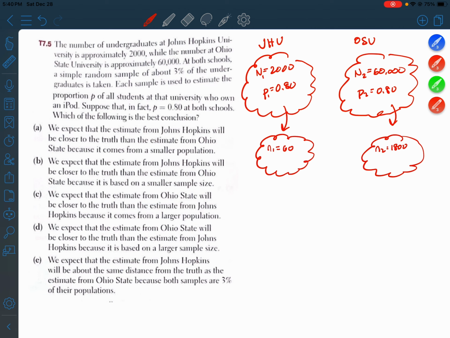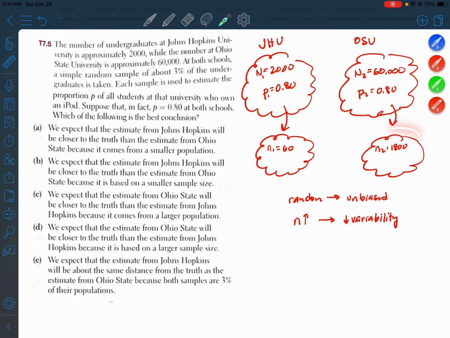Now, earlier in a previous question, we had mentioned that random samples lead to unbiased estimates, but samples that come from larger samples lead to estimates that are closer to the truth, meaning that there will be less variability when you have a larger sample.